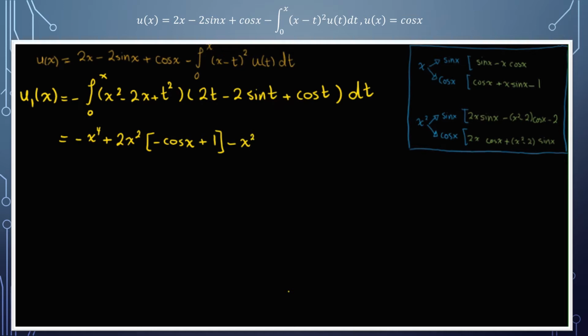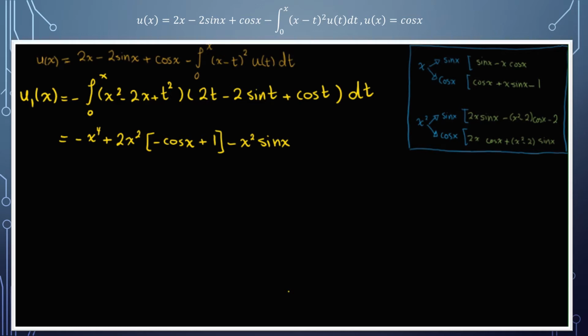We have cosine t. The integration of cosine t is sine t. Sine t from 0 to x will be sine x, because sine 0 is 0, so it will vanish.